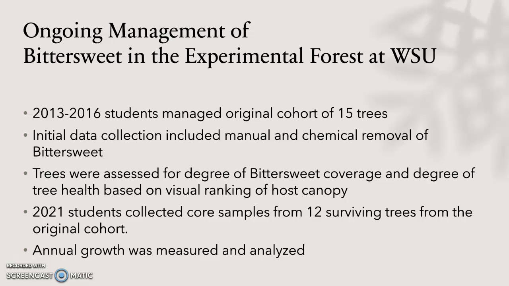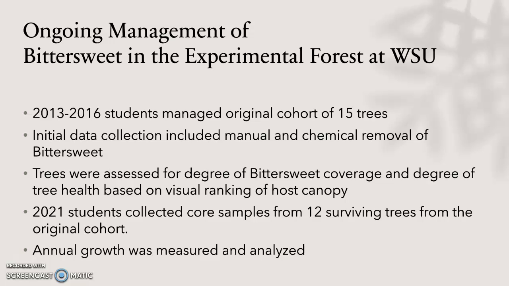So this project began back in 2013 when a group of students managed the bittersweet at the research site. The original cohort of trees was 15, and with that they removed the bittersweet and collected data on the trees, noting the amount of bittersweet coverage and assessing the health of the trees visually.